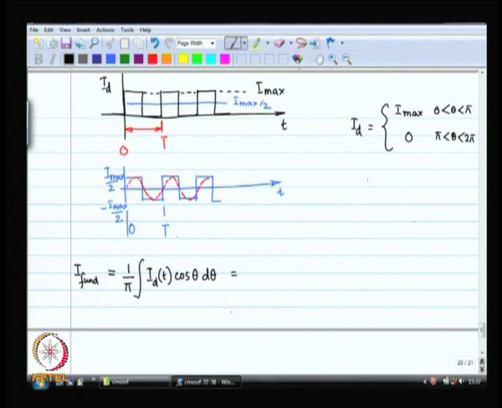Actually, let us shift our axis a little bit. So, let us not say this is 0, let us say this is 0 and this is t, because that is really what is going to give me the correct result. All right.